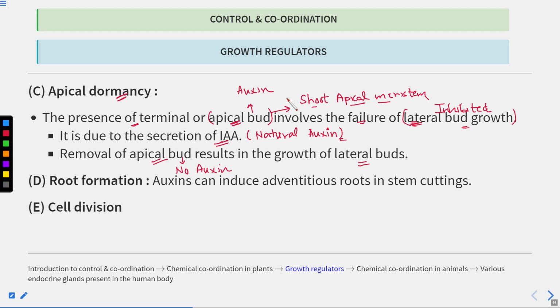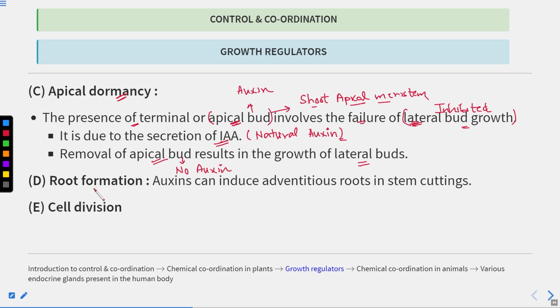If there is no auxin production, the lateral growth will be promoted. This is done in tea plantations, where you don't need tall plants. They cut the apical buds and the lateral growth is promoted.